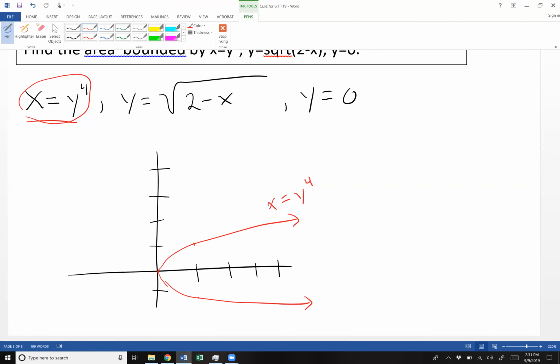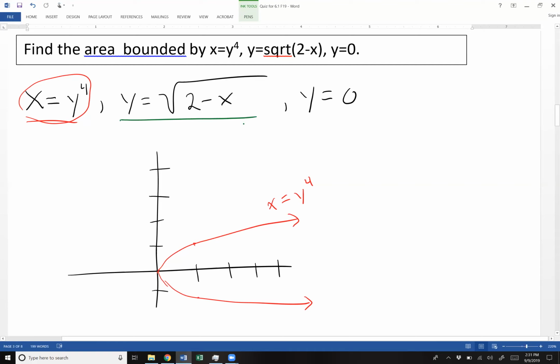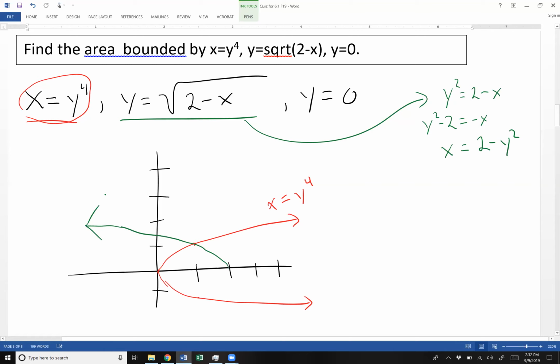Well, no, so, yeah. It's like getting one area.